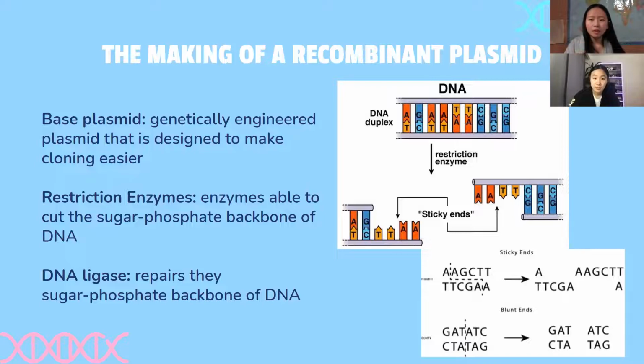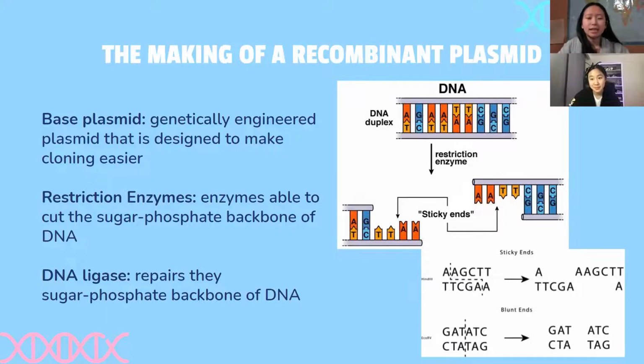Because of the unique recognition site, as well as the unique cutting pattern of every restriction enzyme, if you want to anneal 2 pieces of DNA together, you have to make sure you cut them with the same restriction enzyme, or else the ends wouldn't match up, and it'd be like jamming 2 mismatched puzzle pieces together.